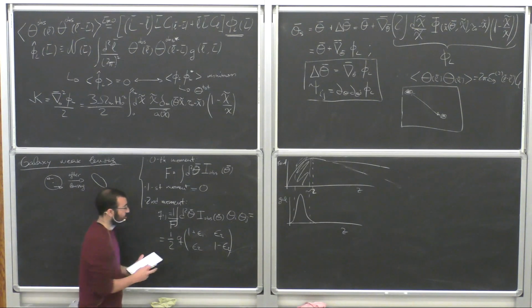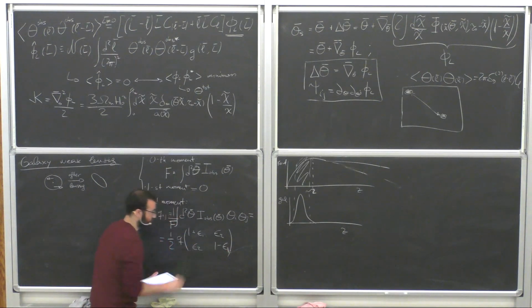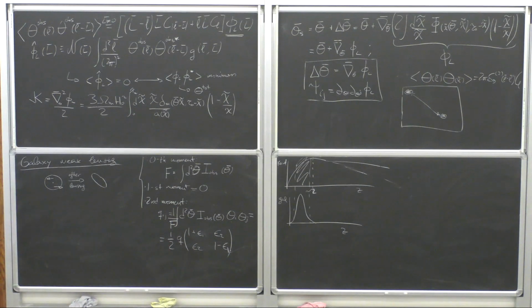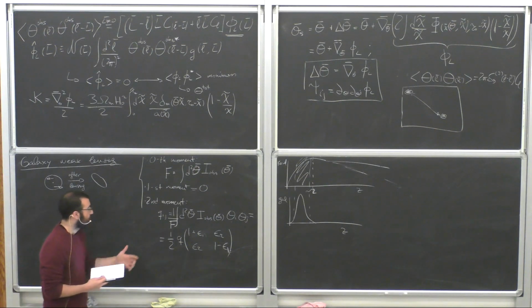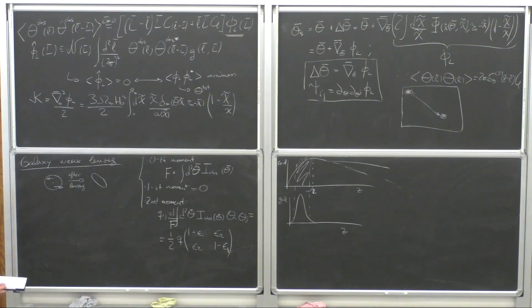So basically, Q gives the whole circular size of the galaxy. And epsilon 1 and 2, which are the traceless components of the tensor, basically give you the two ellipticities in the two directions.